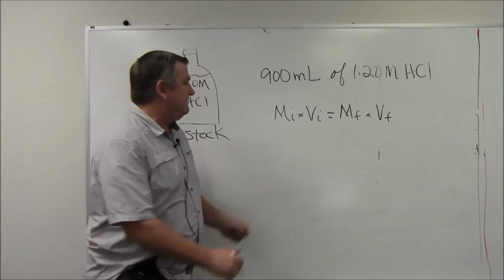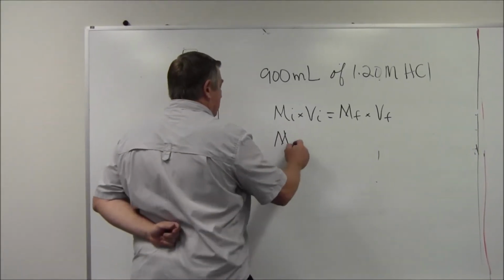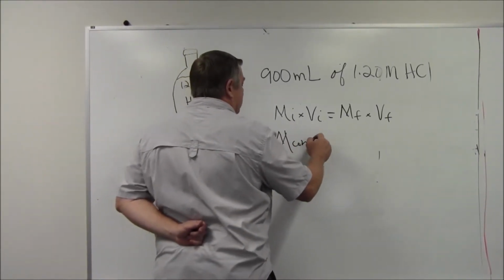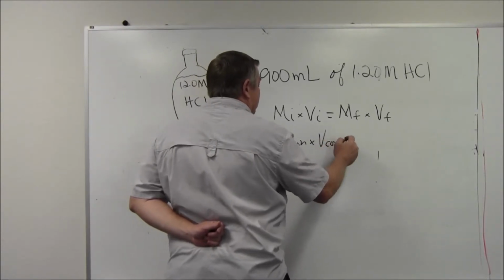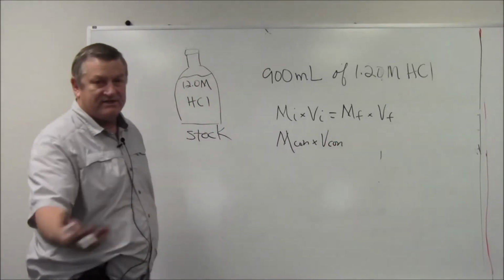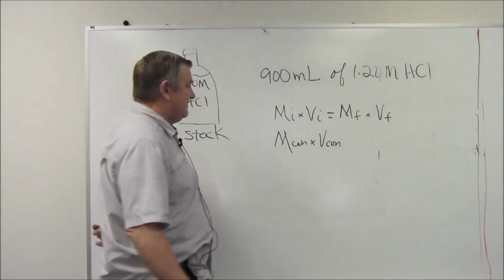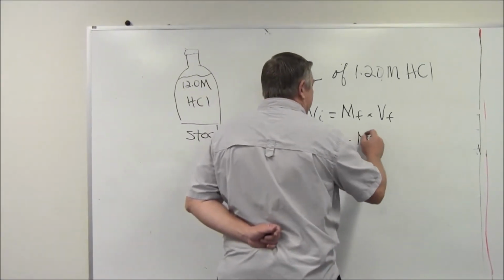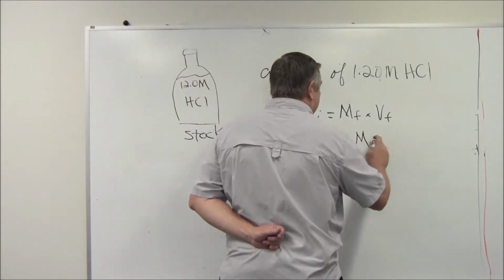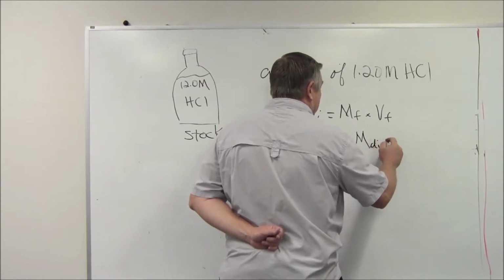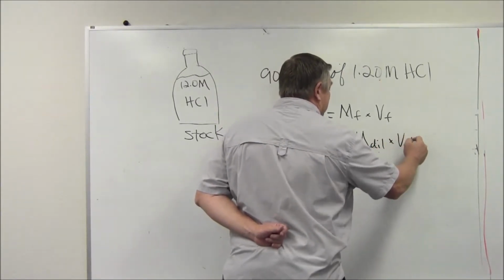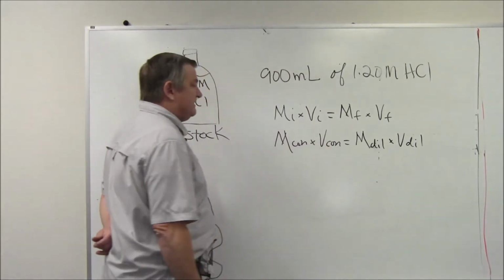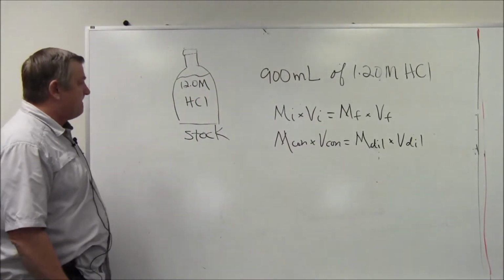They'll go con here, molarity concentrated, con times volume con. That means the stock solution. Stock solution has to be more concentrated than your desired, or you can't make it. Equals molarity final, or dilute, times volume dilute. So there's different subscripts, but that's the dilution equation. Okay?